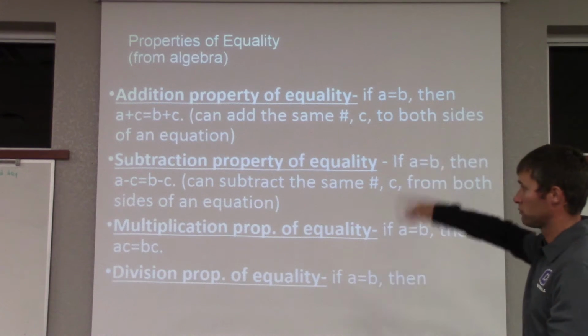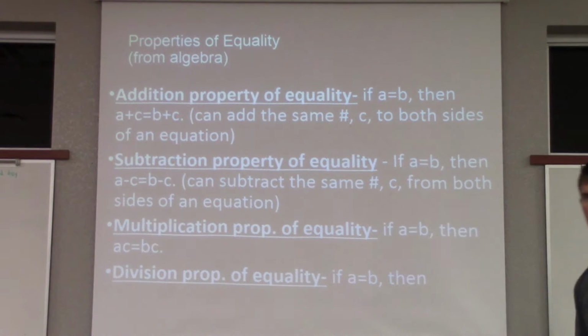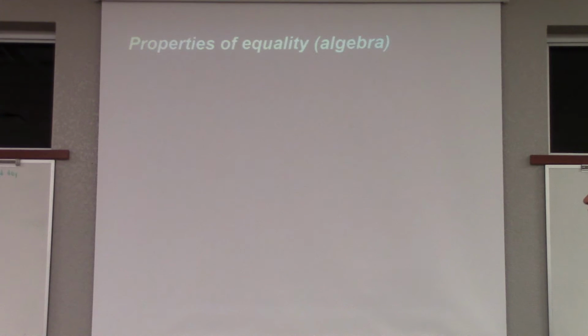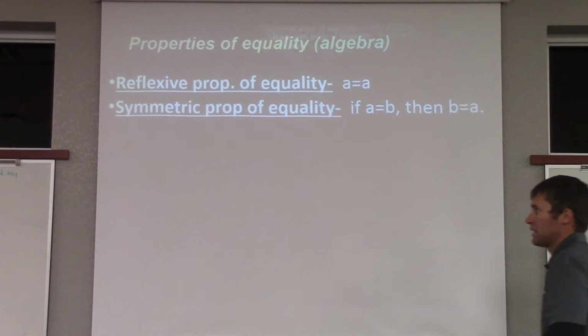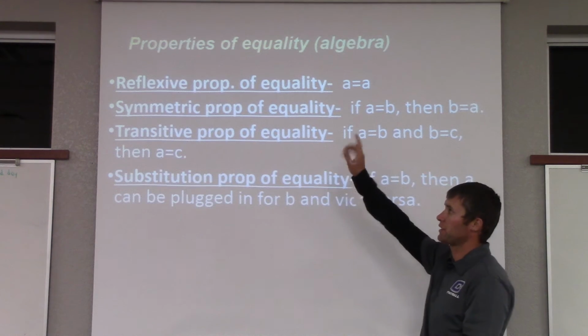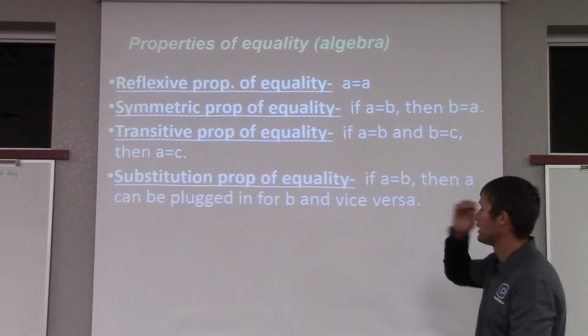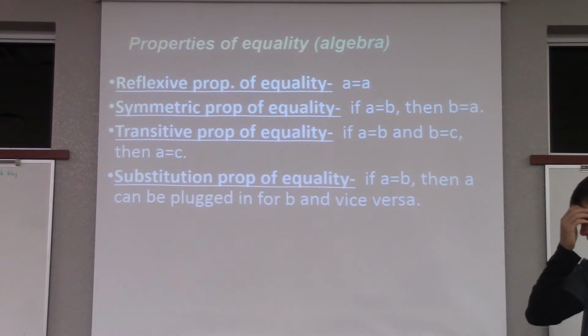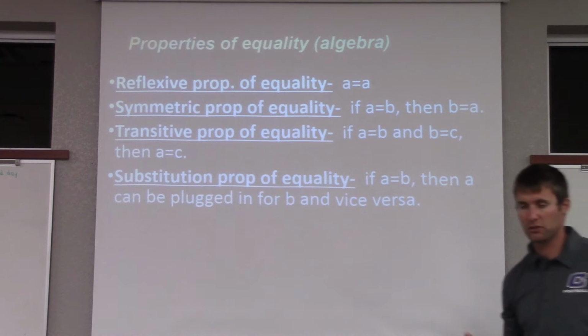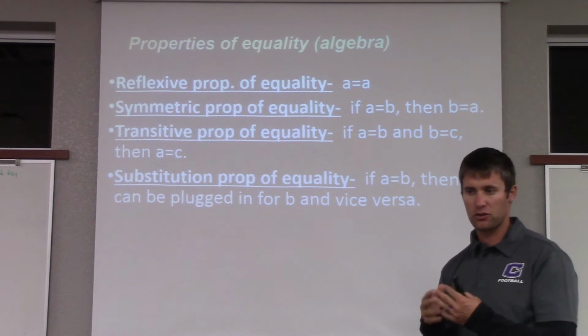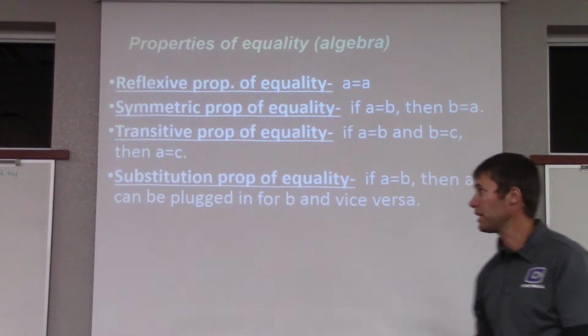Those are old ones, things you've been using for a while. New ones, you're going to have reflexive, symmetric, and transitive. Reflexive property is a mirror. A equals A, B equals B, angle D equals angle D. The same thing equals the same thing.